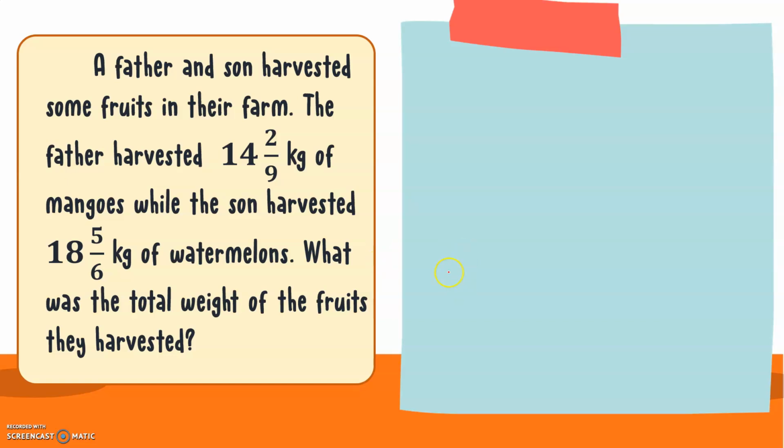This time we are asked to find the total weight of the fruits they harvested. Whenever you see the word total, it is a keyword which means addition. So that means we will add the given facts in our problem. So our equation will be 14 2/9 plus 18 5/6.